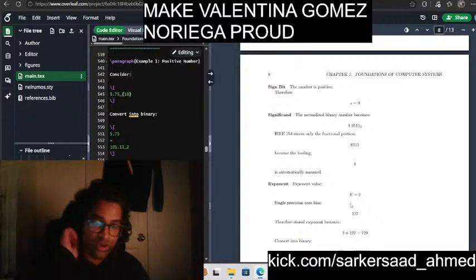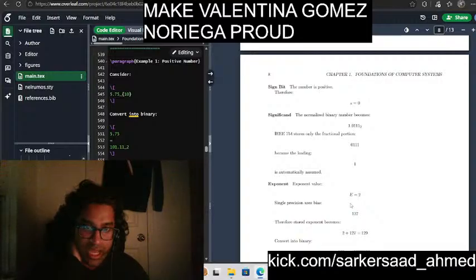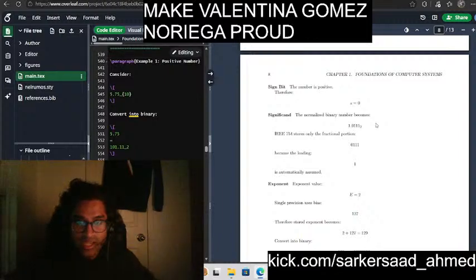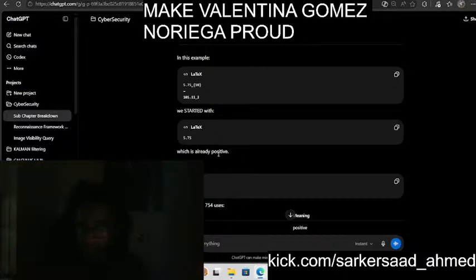Sorry, the exponent value: E is equal to 2. Is it possible to do the same for a negative value and convert that to LaTeX code?